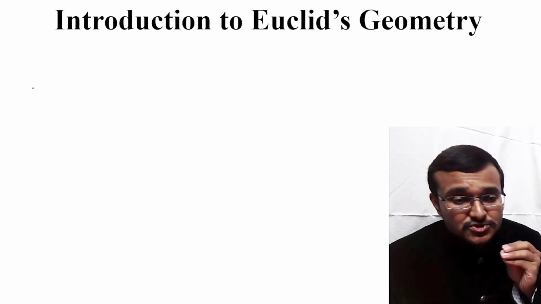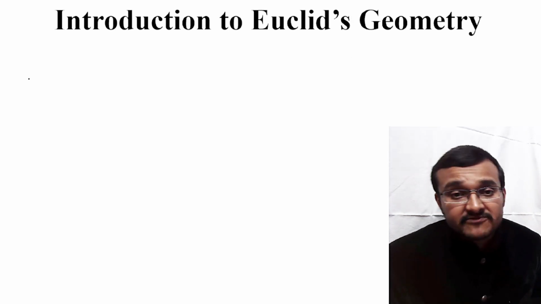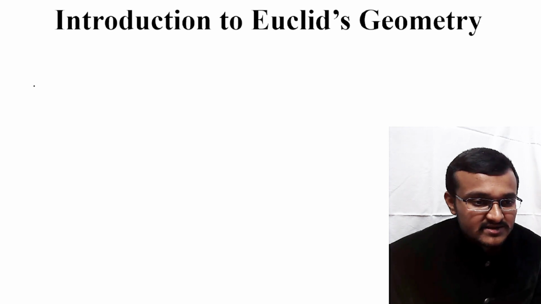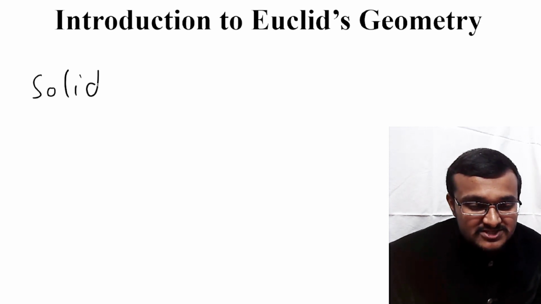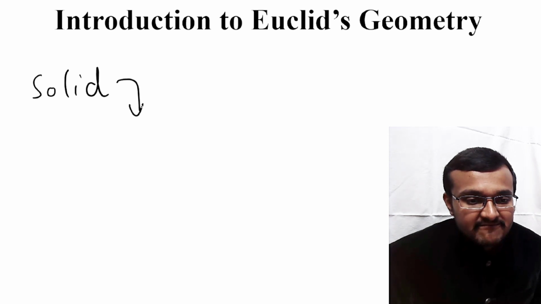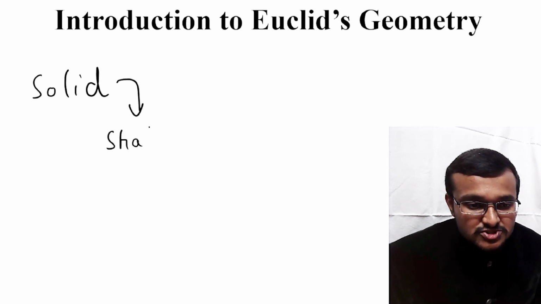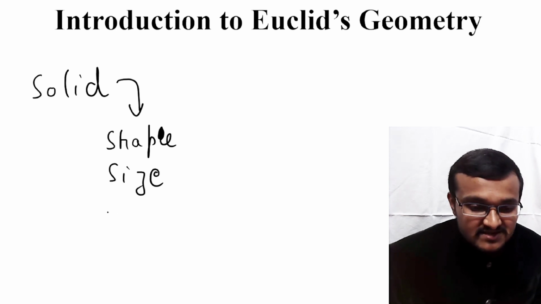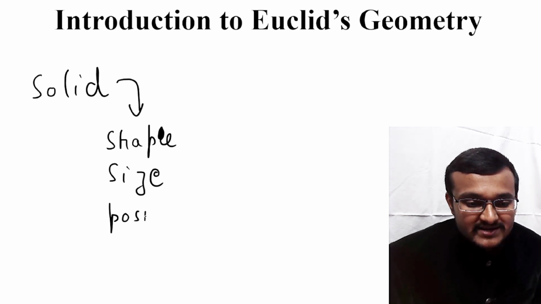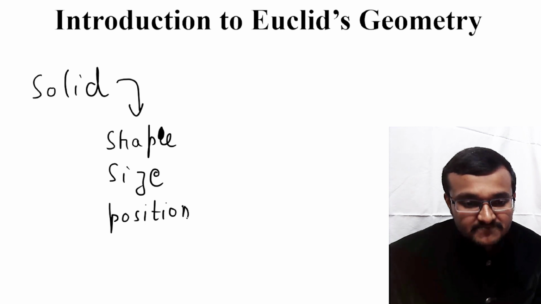Euclid also gave different names for particular solid objects. He told that every solid object has its own shape, its own size, and is located in a particular position.